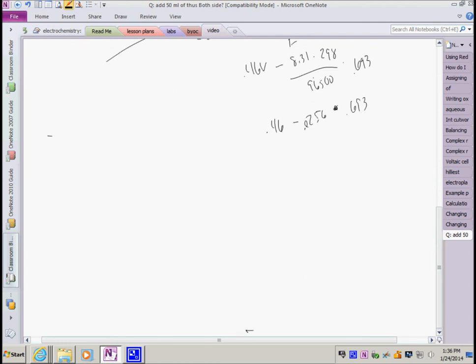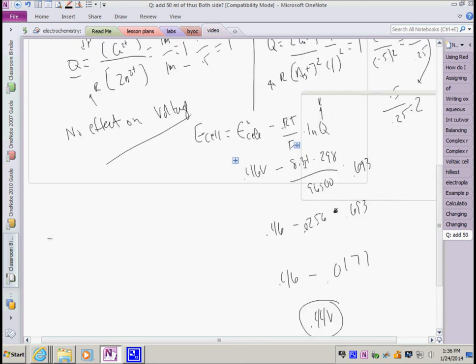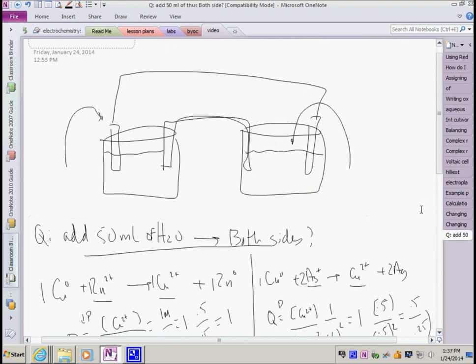So it's going to be that value times 0.693, and I get 0.0177. So 0.46 minus that, and in this case it is subtracting, so we will get a smaller voltage. Not a whole lot at this point, but it's 0.44 volts. All right, so interesting problem, pretty common.